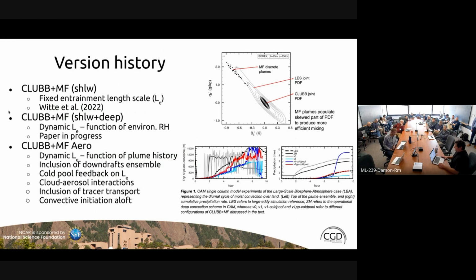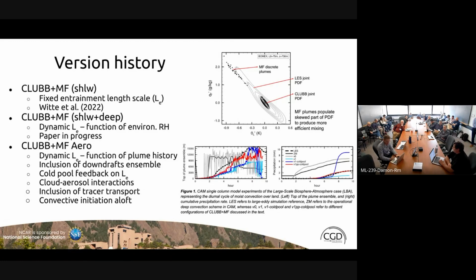I wanted to go over the version history of ClubMF. We first started off having the mass fluxes do shallow convection by just using a fixed entrainment length scale. In that first version, we were able to demonstrate the usefulness of ClubMF, and that's shown here. This is a grid box in the BOMEX single column model case. It shows the subgrid distribution of theta L, which is liquid water potential temperature, and total water on the y-axis.